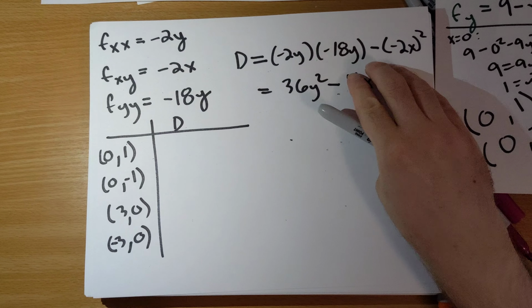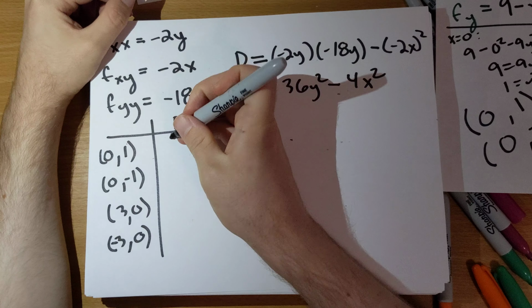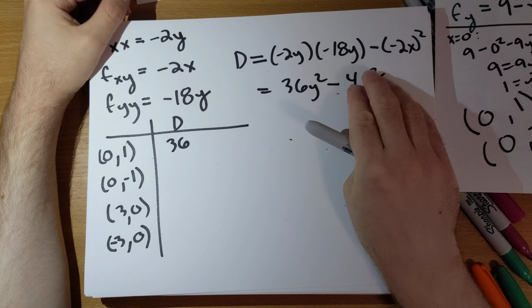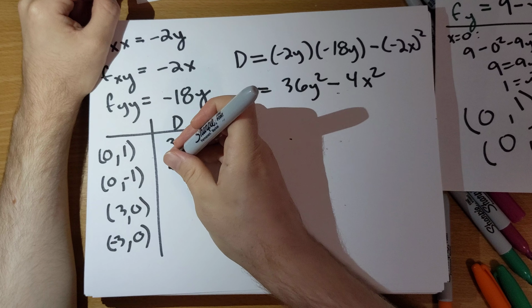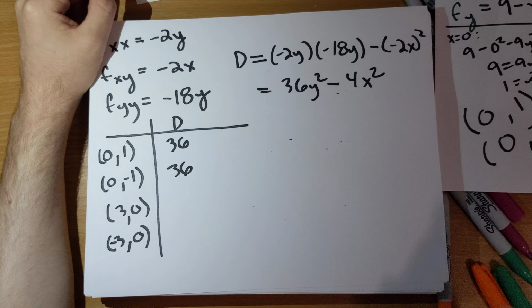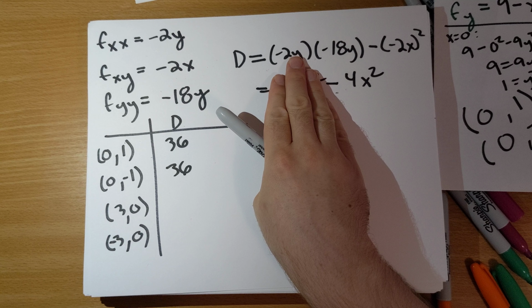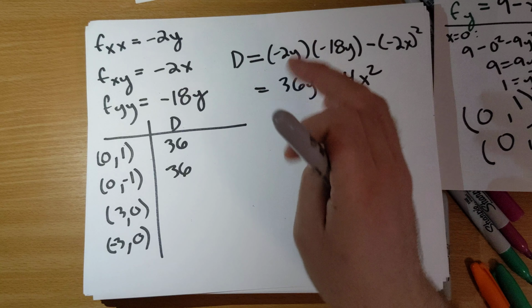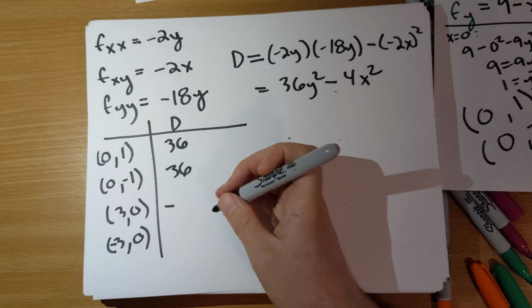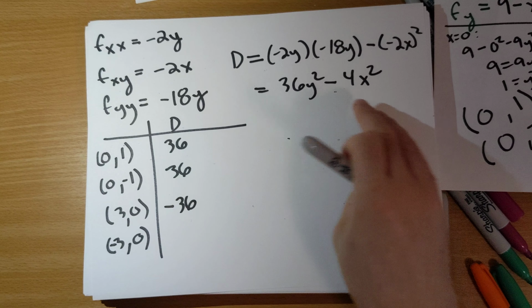x is 0, y is 1, that gives us 36. x is 0, y is negative 1, that also gives us 36. y is 0, x is 3, that gives us negative 4 times 9, that's negative 36.